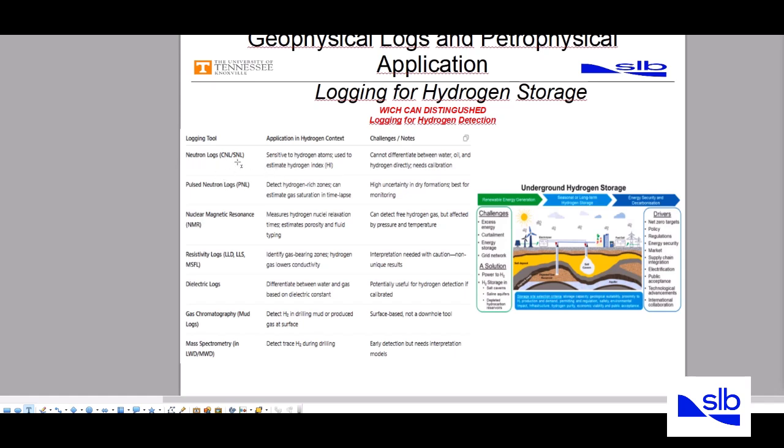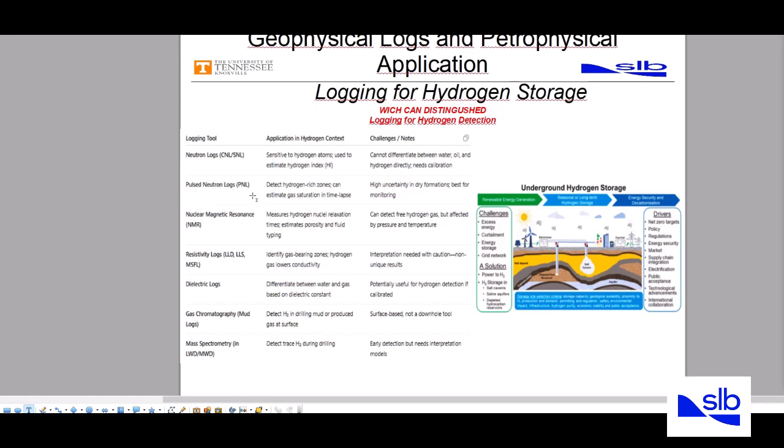We have the neutron logs, a common log, sensitive to hydrogen atoms and used to estimate the hydrogen index. They cannot distinguish directly between water, oil, and hydrogen, and need calibration.